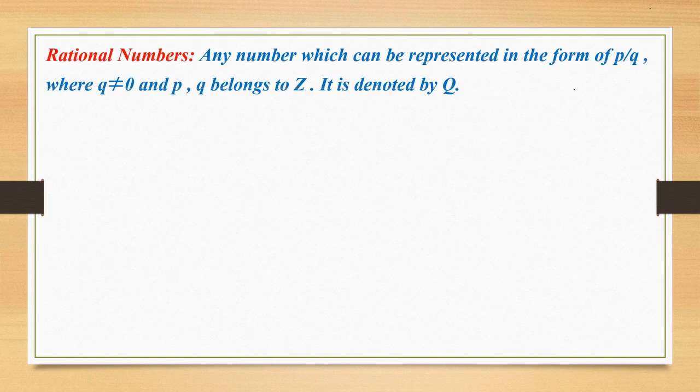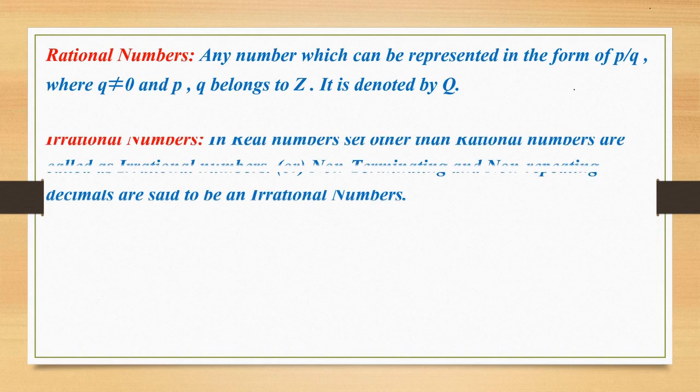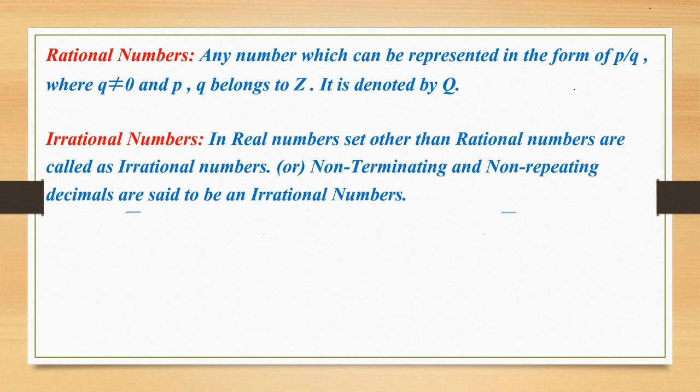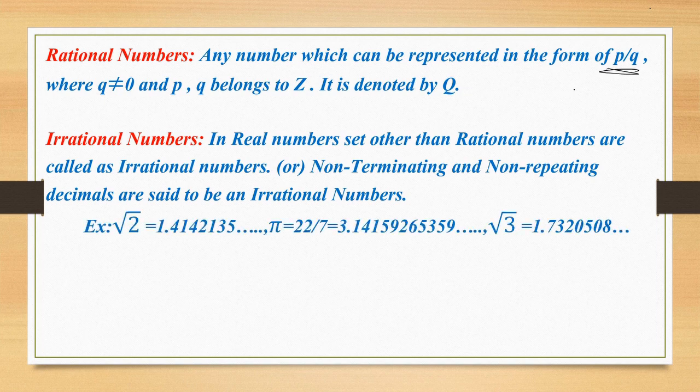The definition of rational numbers is any number which can be represented in the form P by Q, where Q is the denominator. The denominator must be not equal to 0, and P, Q belong to the set Z. The rational number set is denoted with the letter Q, the set of numbers written in the form P by Q such that P, Q are in the set Z and Q is not equal to 0.